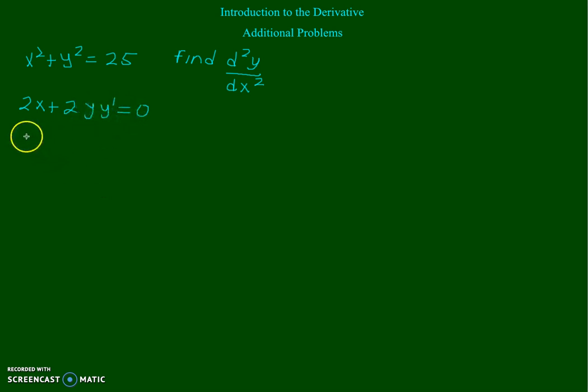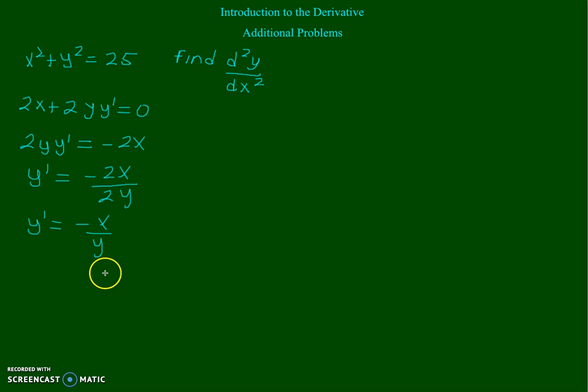So we have 2y y prime equals negative 2x, and y prime equals negative 2x over 2y. Simplifying, we have y prime equals negative x over y.